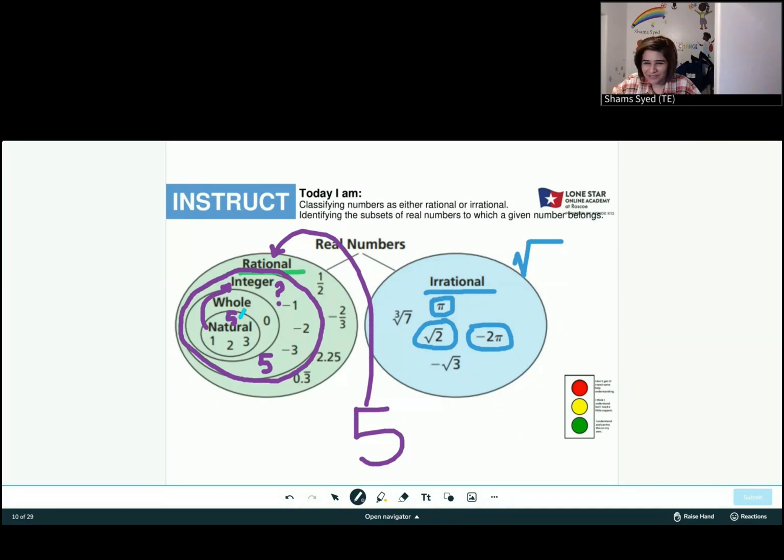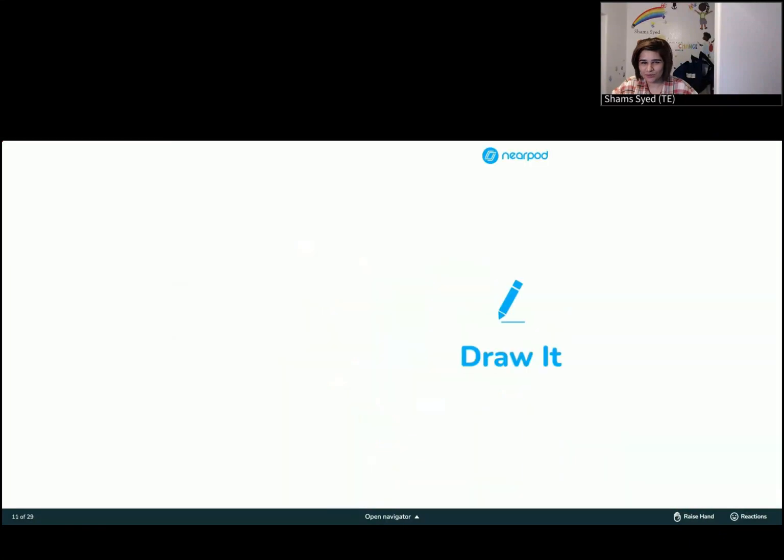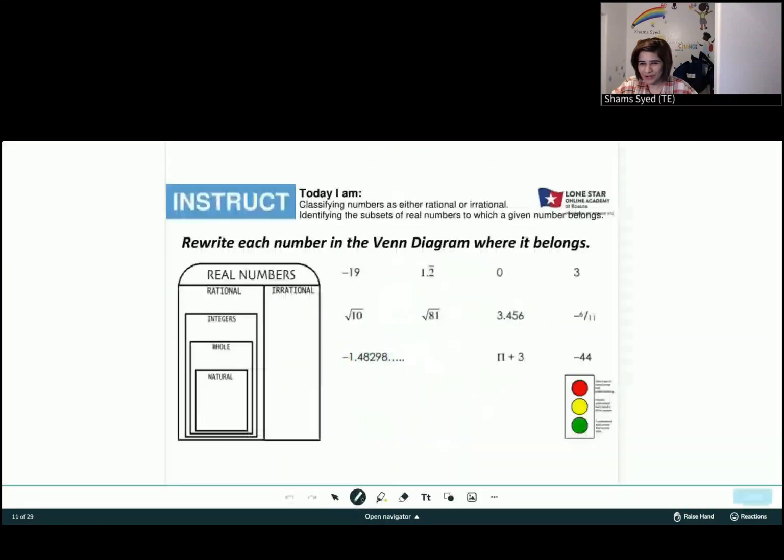So 5 is a natural number, 5 is also a whole number, and 5 is also an integer. Natural numbers and whole numbers are all part of integers. Very good, very good. Let's move on to our practice.